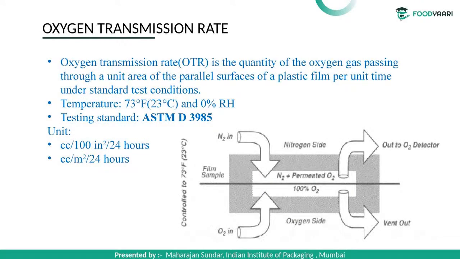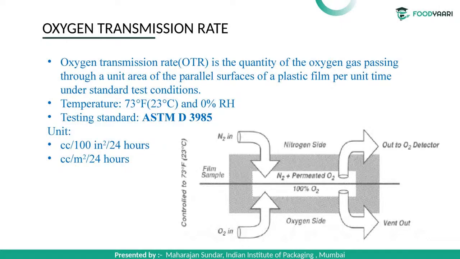Oxygen transfer rate. Oxygen transfer rate is an important parameter in packaging of food and other products as well. Oxygen transfer rate is the quantity of oxygen gas passing through the unit area of the parallel surfaces of the plastic film per unit time under standard test conditions.